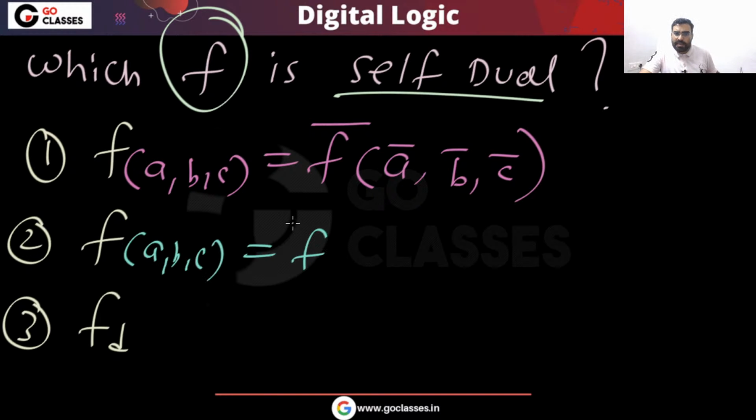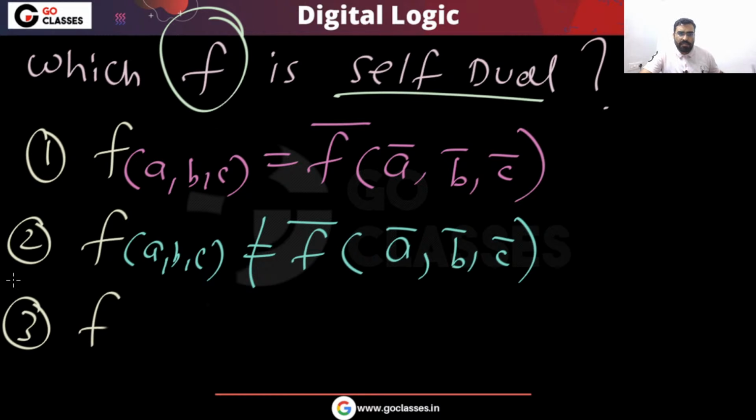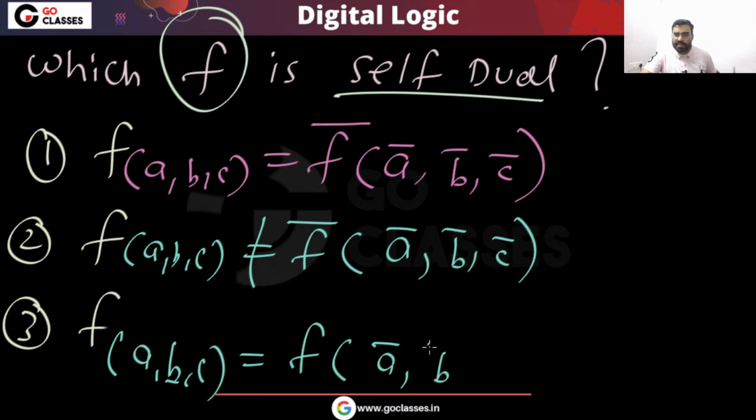Next, f(a, b, c) is not the same as f complement of (a bar, b bar, c bar). Next, f(a, b, c) is the same as f(a bar, b bar, c bar). Which of them is self dual? Tell me.